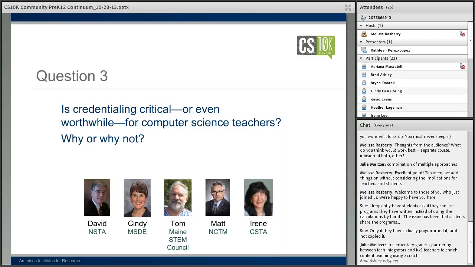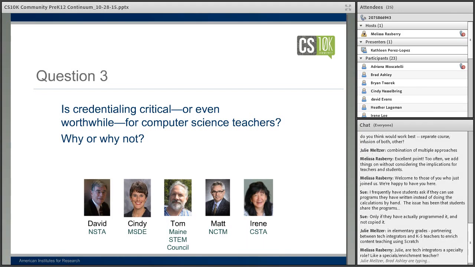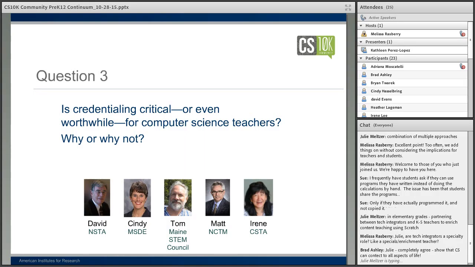Clearly you can go online and find something, but there is no credential right now for a computer science teacher. And if you look at the beginnings of the CSTA standards, it's quite nice in that they distinguish between computer science and instructional technology. But is it worthwhile for our state to create this credential when we really aren't sure where we're hoping to end up?